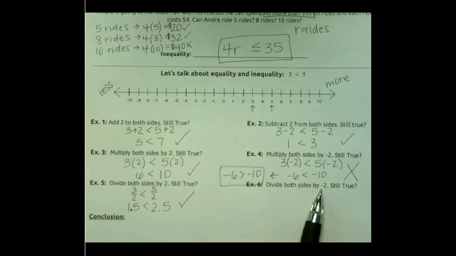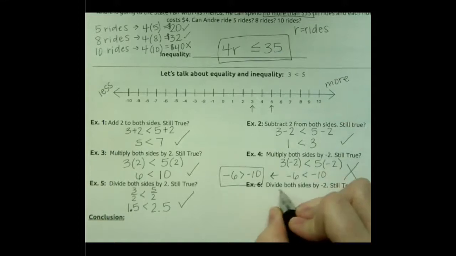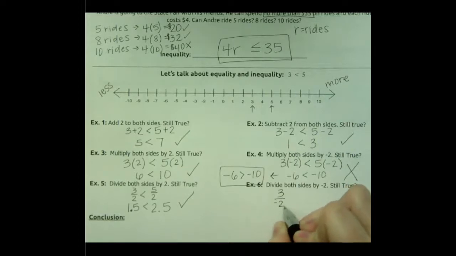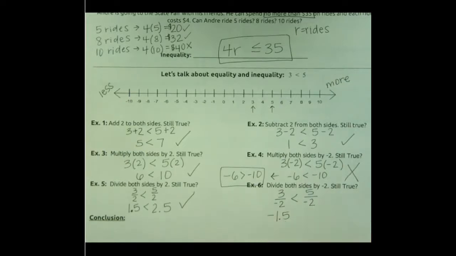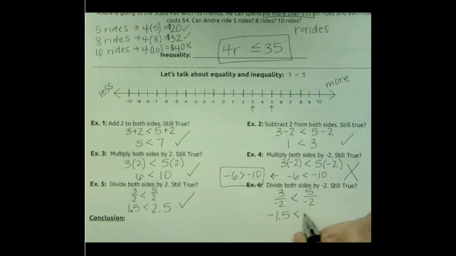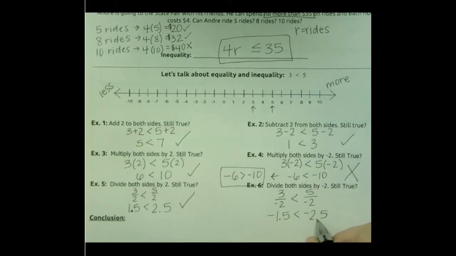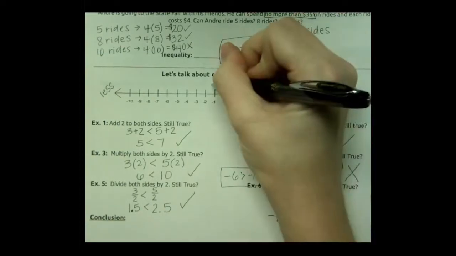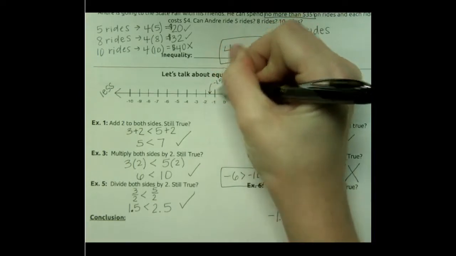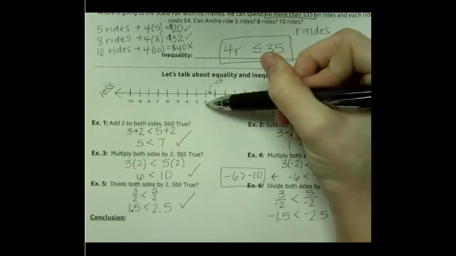Ooh, this one over here, we're dividing by a negative. Let's see if it's similar to multiplying by a negative. I still have 3 on this side. I'm going to divide it by a negative 2, less than 5 divided by a negative 2. 3 divided by negative 2 is this, but it's negative. So negative 1.5 is less than negative 2.5. Let's see if this is true. I'm going to go up to my number line. Negative 1.5 is right here, in between negative 1 and negative 2.